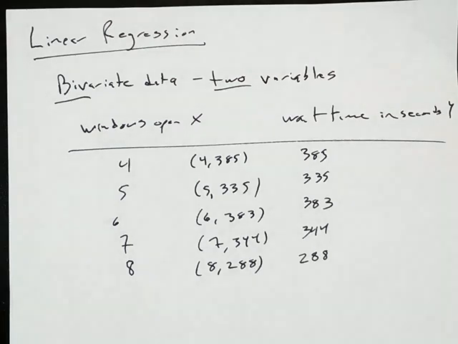I could, before I do any calculation, just ask, do you see a pattern? Yeah, I think as I go left to right, this is going down. Wait time goes down as number of windows open goes up. How nice is that relationship? How strong is it? I mean, I can take averages.